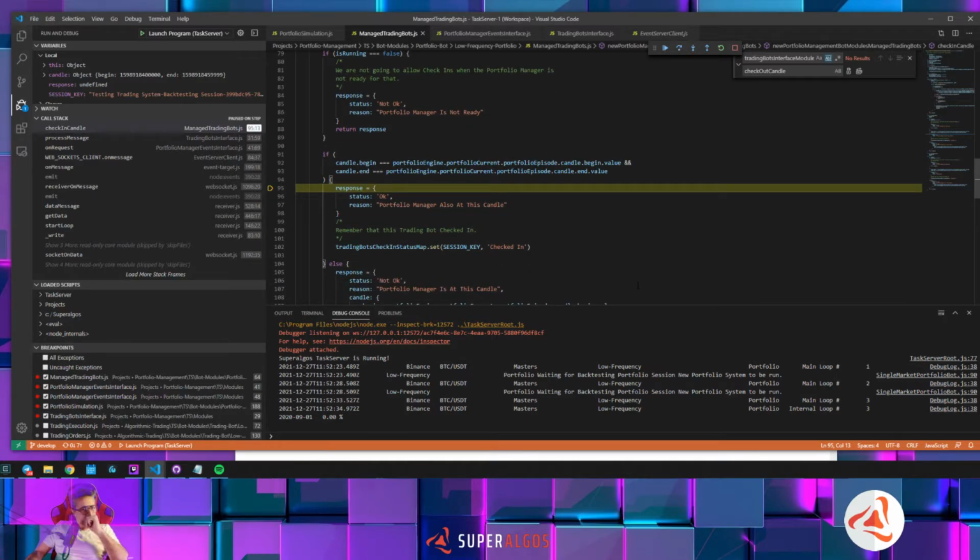Yes, at 1 minute they are the same. I don't know why. I will take note. Candles at 1 hour the same between portfolio and trading bots. Okay, so here we go.